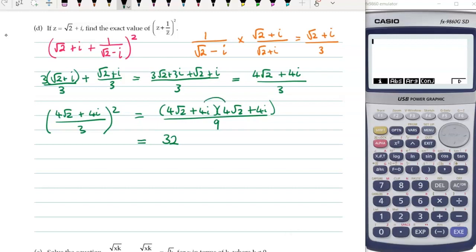Then we've got 4i times 4 root 2, which is 16 root 2 i, but we also get that here as well, so there's 2 of them. We'll have 32 root 2 i. Then we have 4i times 4i, so that will be 16i squared, which becomes minus 16, since i squared is minus 1. So 32 take away 16 is then 16 all over 9.